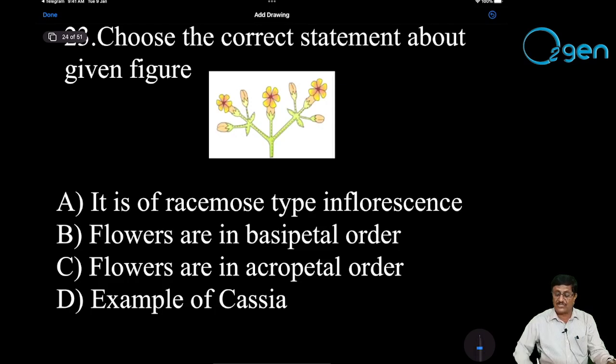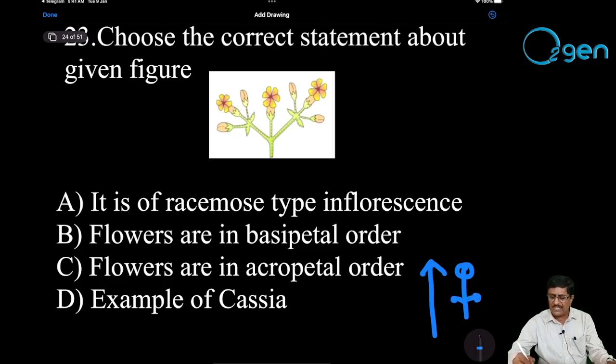An indefinite number of flowers should be there, and the inflorescence axis continues to grow. No, here the inflorescence axis ends with a flower. Hence, it should not be a raceme. And B, the flowers are in basipetal order. Yes, the older flowers are at the base, younger flowers at the tip. So, option B is the correct one.